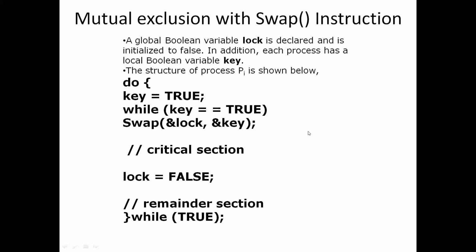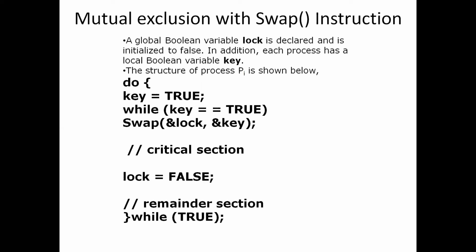So this swap instruction also satisfies a solution requirement of the critical section problem, that is, the mutual exclusion property will be satisfied by the swap instruction, but it won't satisfy progress and bounded waiting. What is bounded waiting? There should be a limit for the process to enter into the critical section. Once a process enters the critical section and executes it, it should give a chance to another process to enter the critical section.